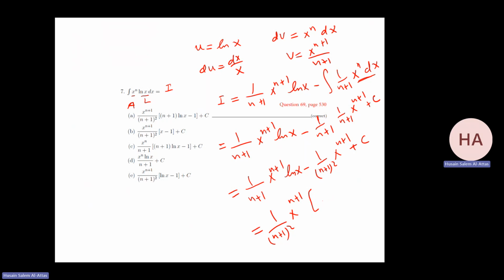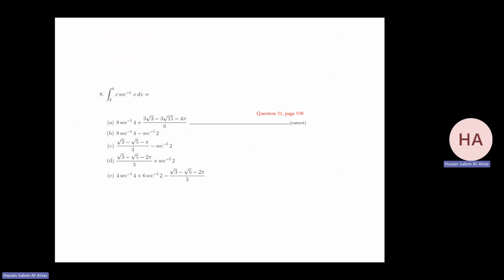Not ln x. I took 1 over n plus 1 squared, so I need n plus 1 times ln x, since this is only 1 over n plus 1 times ln x, minus 1 plus c. And that will be my answer. You just need to go directly with the procedure.